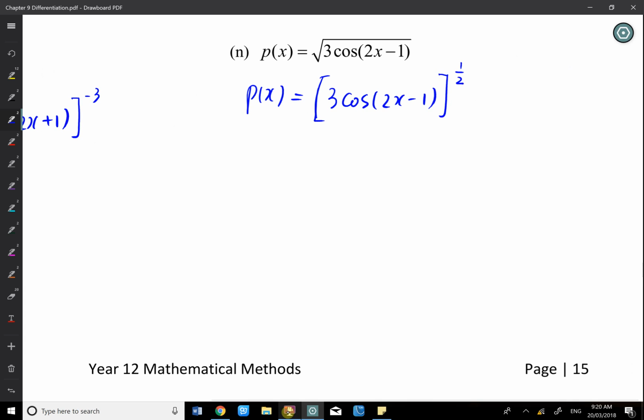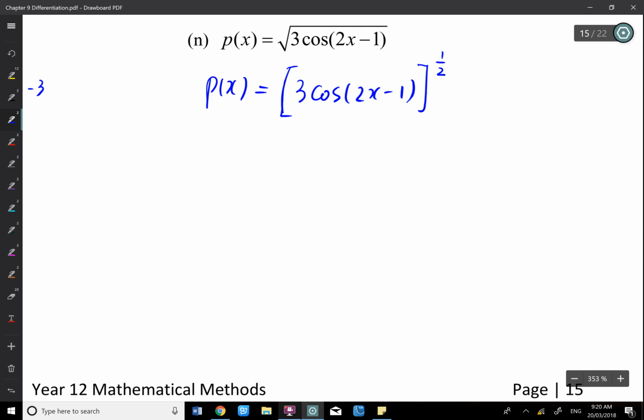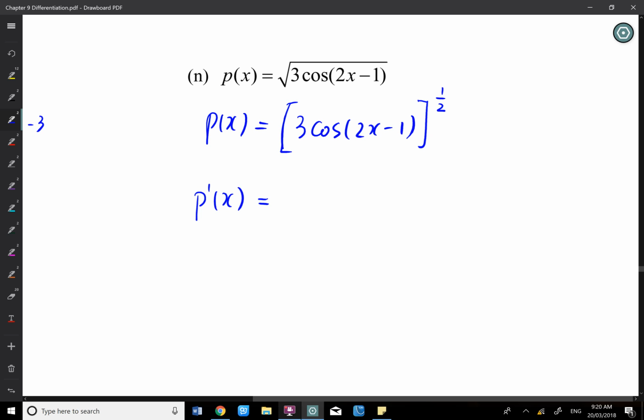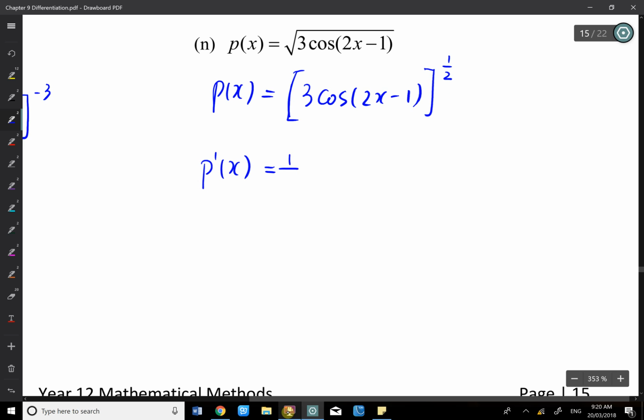Well, I think n is harder. Let's do n. So n p dash x equals, okay, g(x) to the power of n. We have n first, which is a half. We derive the inner function.